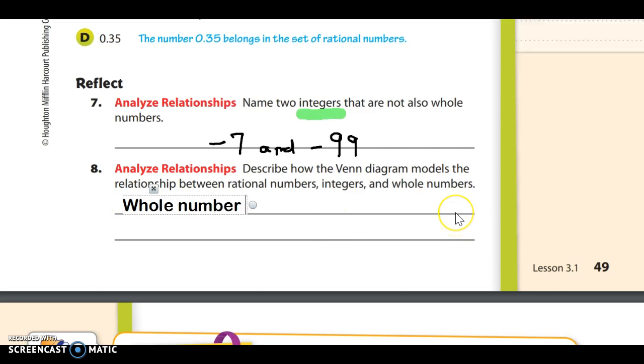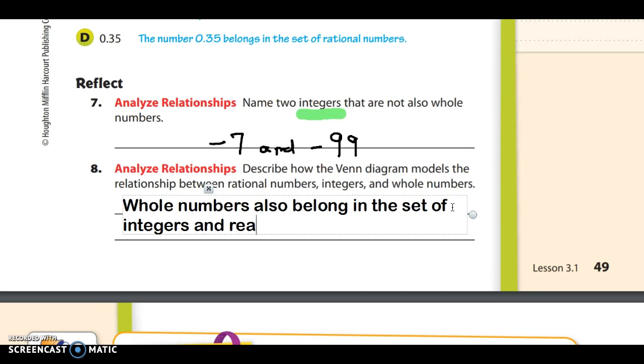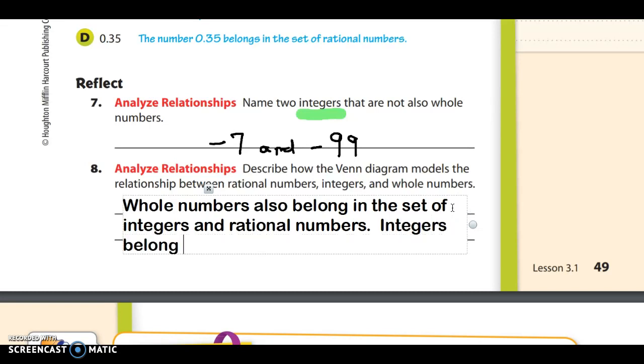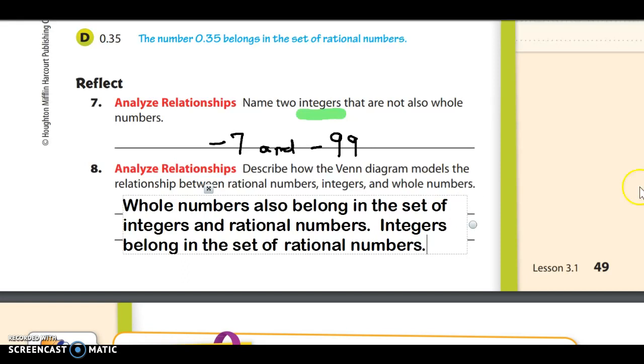Whole numbers also belong in the set of integers and rational numbers. Integers belong in the set of rational numbers. I know it's a little bit confusing. We'll practice it and get better at it, but that's a good enough answer for now.